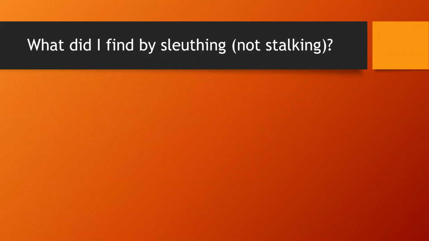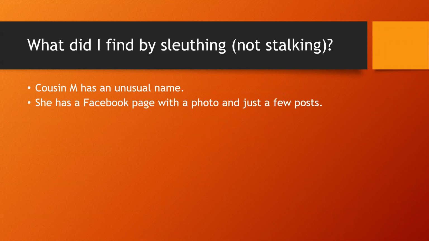So what did I find by sleuthing and not stalking cousin M? I found out that she has a very unusual name. That makes things a little bit easier, because someone with an unusual name, you can Google a little easier, you can go on Facebook a little bit easier. She had a Facebook page with one photo and just a few posts. So she was on Facebook about as much as she was on Ancestry's site.